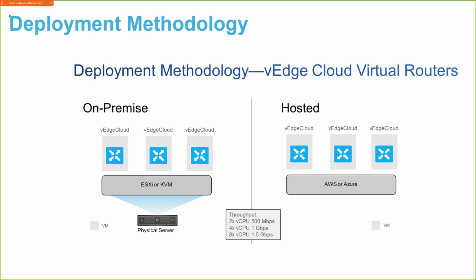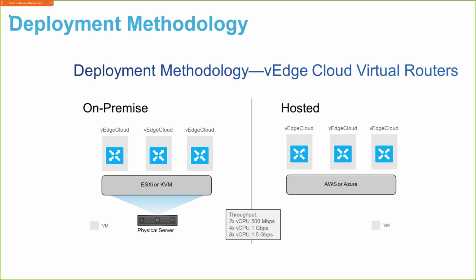The vEdge cloud router actually uses an Intel DPDK infrastructure. So it's basically like an x86 platform. It does AES encryption for optimized IPsec security performance and so on.